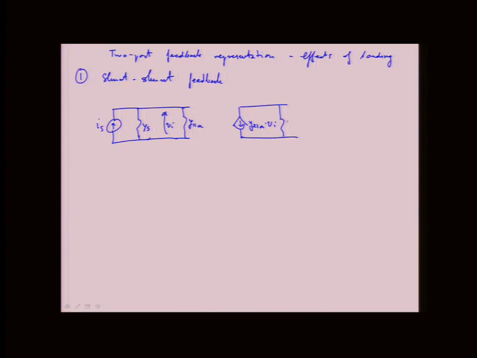And then I'll just write Y22A as the Norton parallel admittance, and that will go and load some Y load. Okay, and that was our amplifier. In a sense, we could say this piece over here was our basic amplifier.